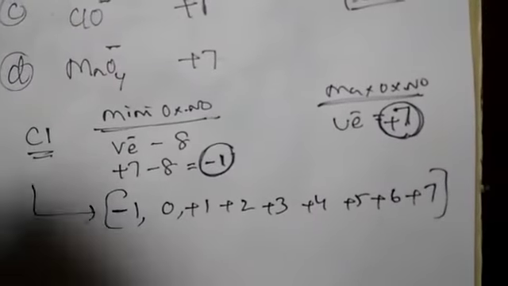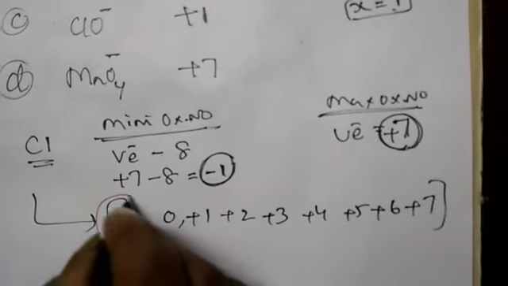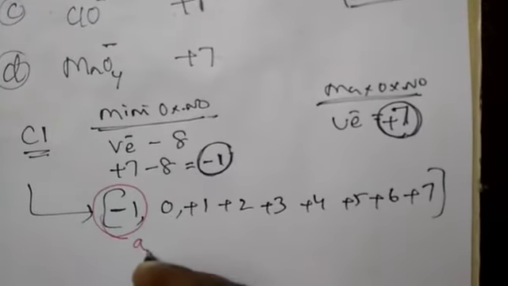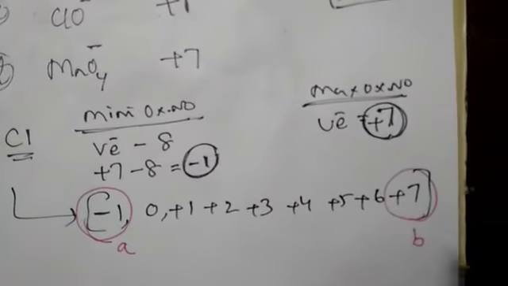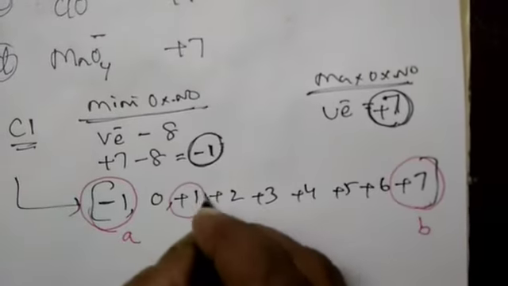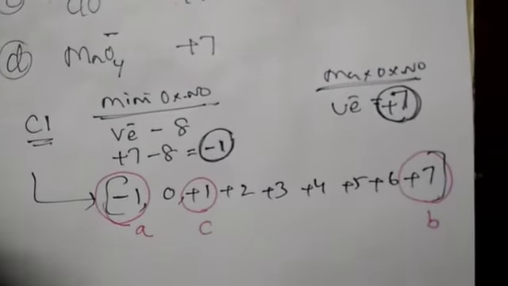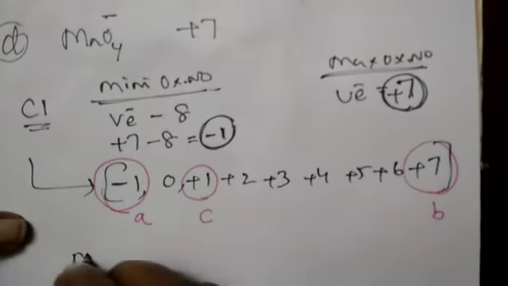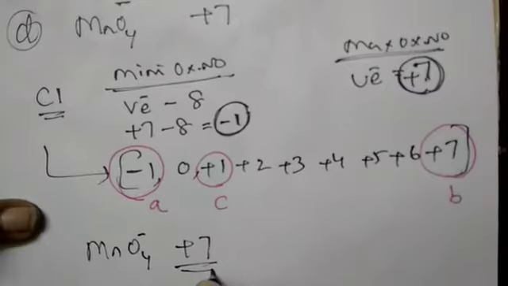In the first one, let me write, -1. So this is your A. The second one is +7. It is your B. In C, what is the chlorine? It is in +1. It is the C. D is a different species, MnO4 minus with oxidation state +7.